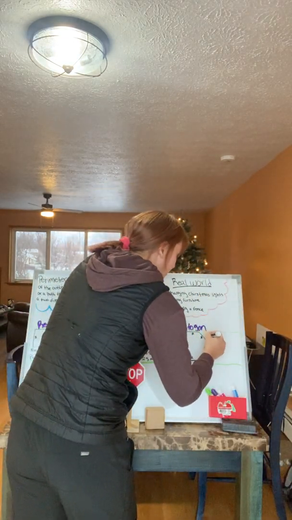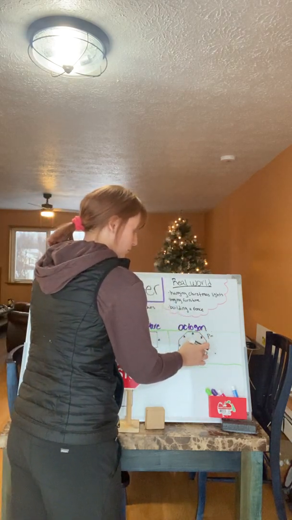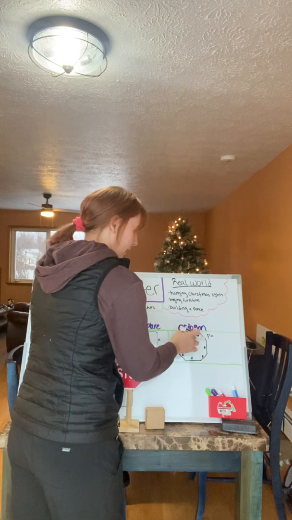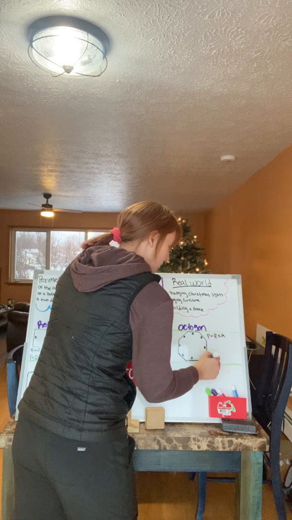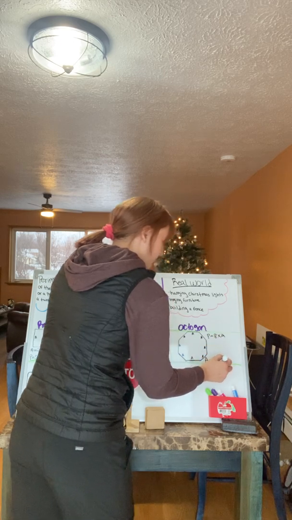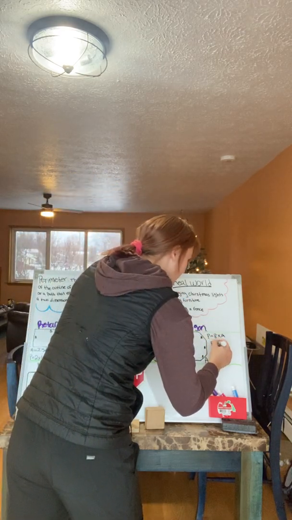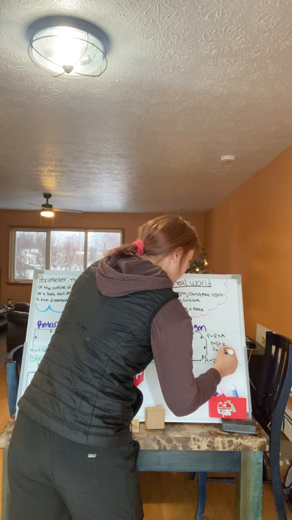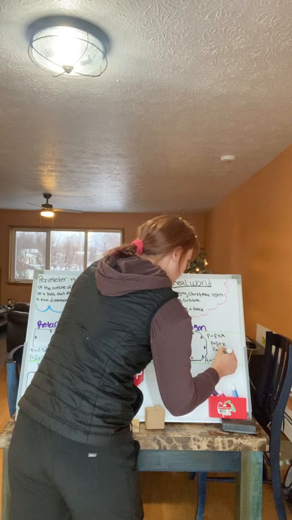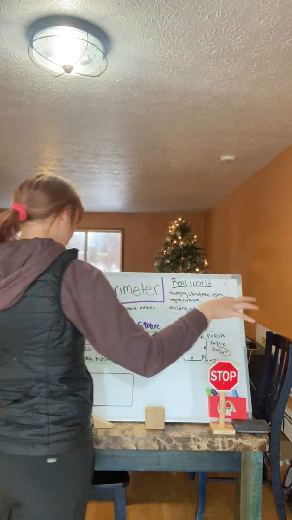Our perimeter formula for an octagon is going to be 1, 2, 3, 4, 5, 6, 7, 8 times A. And we know our A is 2 inches. So we're going to go 8 times 2. P equals 8 times 2. P equals 16 inches. So we now know the perimeter for each of our shapes.